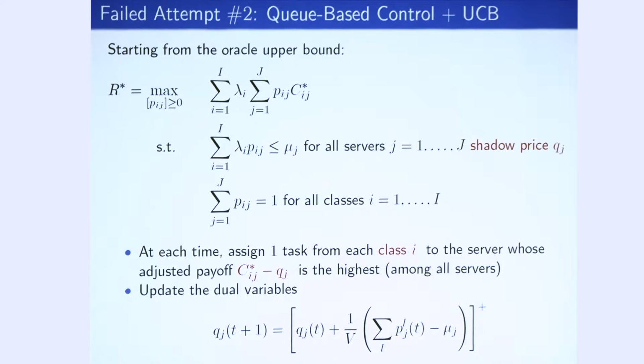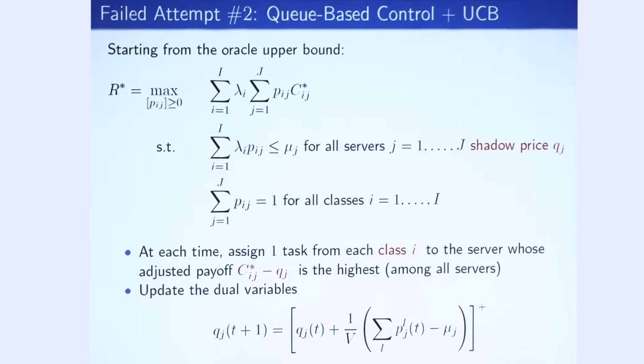Again, you can use this very simple dual update explained by Shakeout in the first part of the talk. The intuition about the dual update is that if the total assignment probabilities for server j exceeds the capacity, then there's more congestion at server j. So you need to increase the shadow price for the congestion, and vice versa.